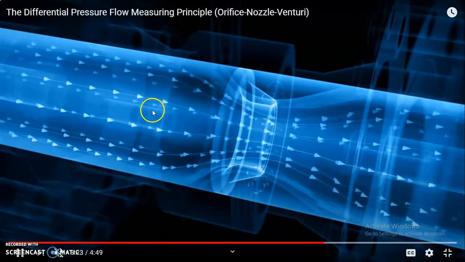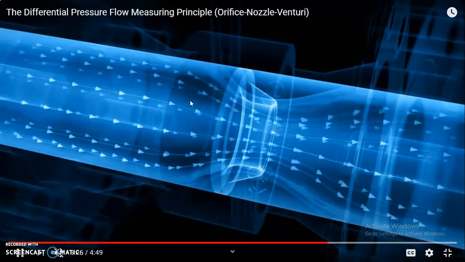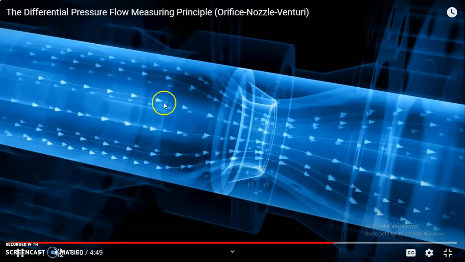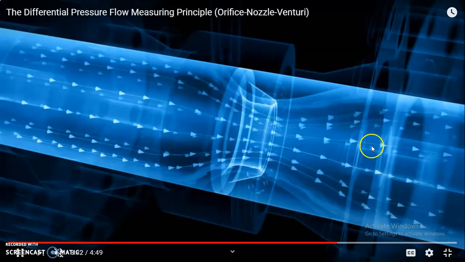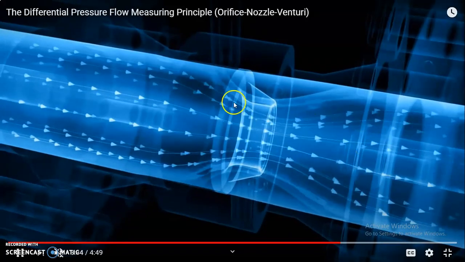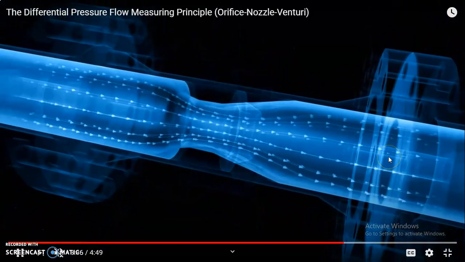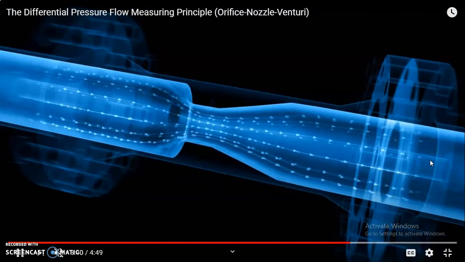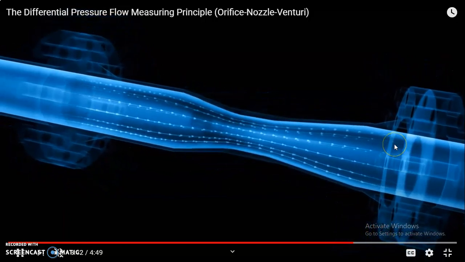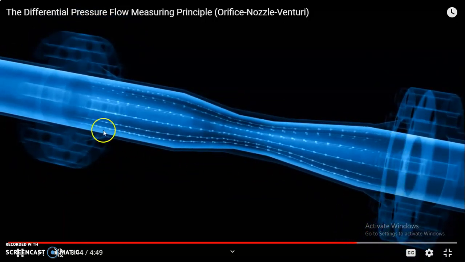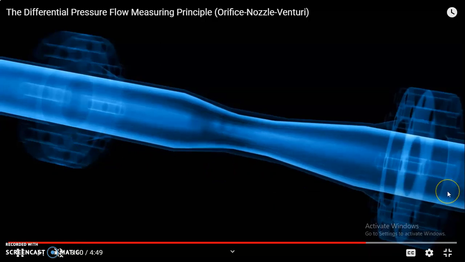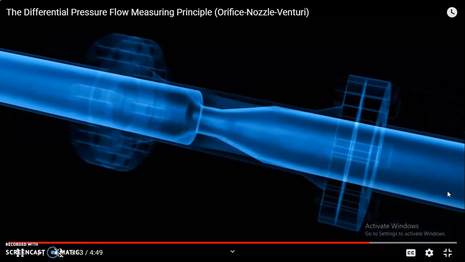At the upstream, the convergence of fluid, your pressure will be maximum. So we get a pressure difference P1 and P2. We can measure the pressure difference using the U-tube manometer connected on those two points, P1 and P2.